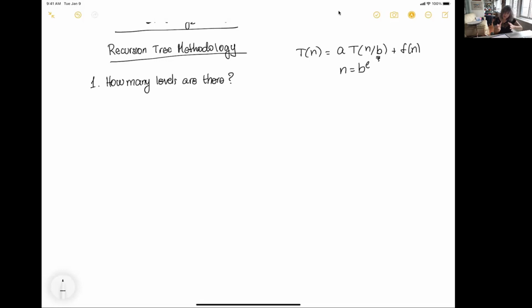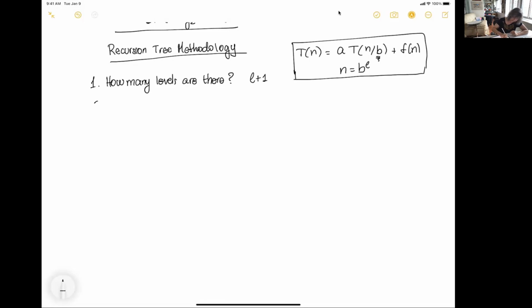In the previous case the divisor was 2, but it could be 3, 4, 5, whatever. If we're dividing by that, then we need to establish how many levels there are. And in this setup, the number of levels will always be L plus 1. So we need to decide that first of all.